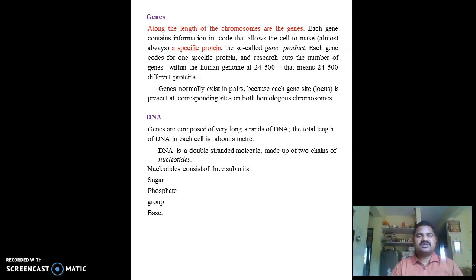One meter is the length of the DNA, so it is very long. DNA is a double-stranded molecule made up of two chains of nucleotides, and these nucleotides consist of three subunits, that is the sugar, phosphate group and a base.